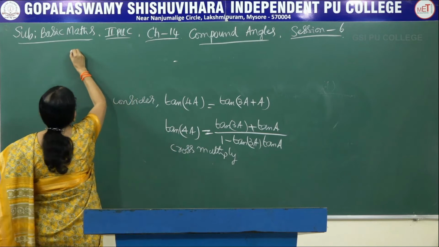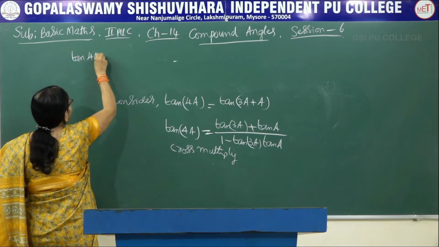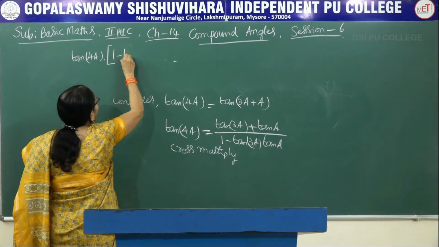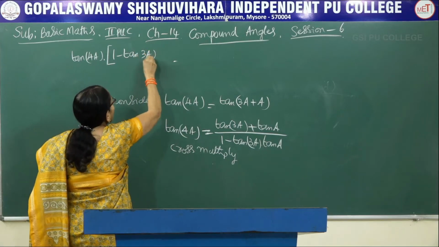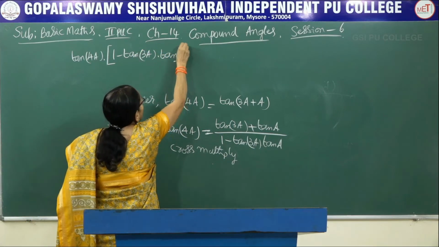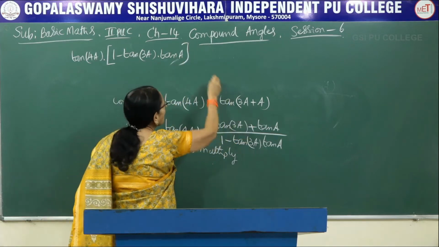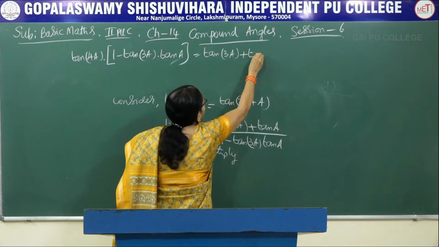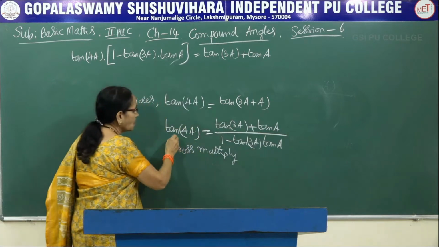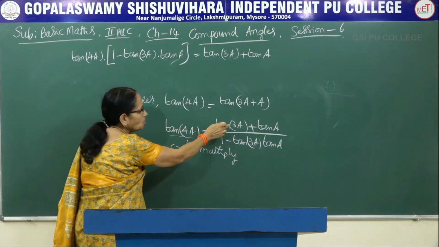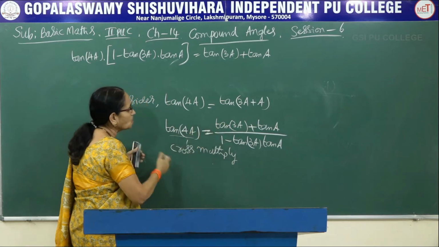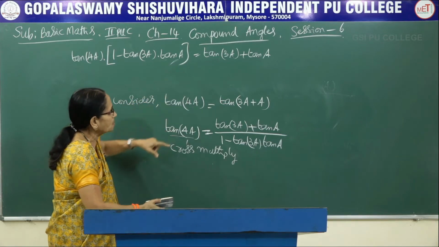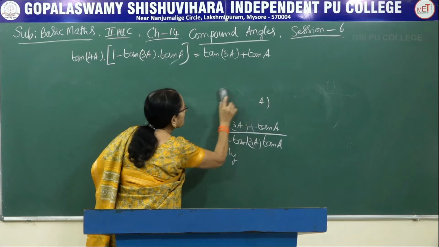So that is tan of 4A, the existing left hand side, into, inside the bracket, 1 minus tan of 3A into tan of A. And write the numerator of the right hand side as it is, tan of 3A plus tan of A. Here tan of 4A means divided by 1. So 1 into this one and this into this term. So that's what I have done. Tan 4A into 1 minus tan of 3A into tan of A; the right hand side is tan of 3A plus tan of A.